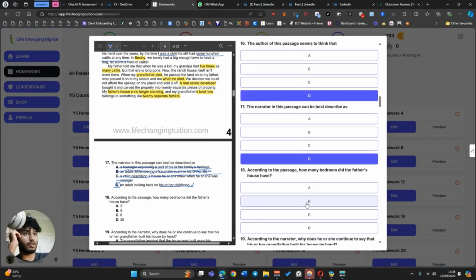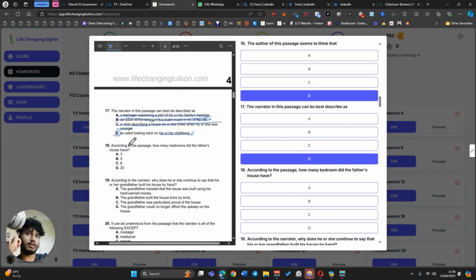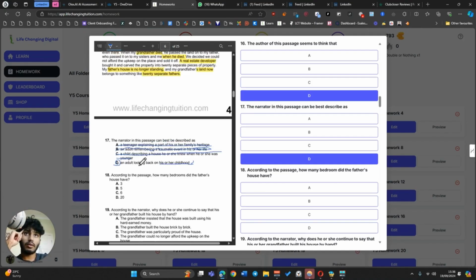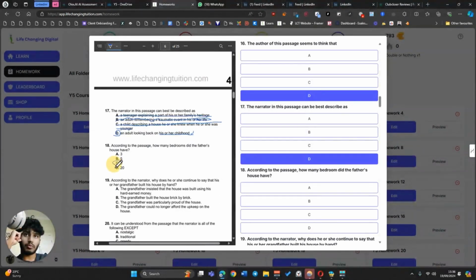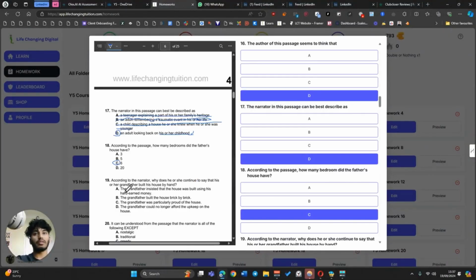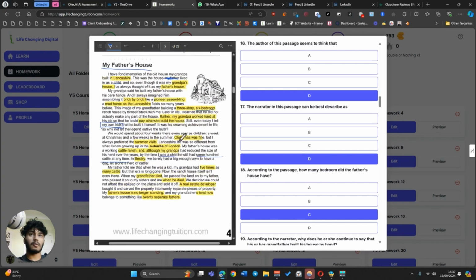So question 18, according to this passage, how many bedrooms did the father's house have? Up here it says a 3-story 6-bedroom ranch house. So it should be option C. Question 19, according to the narrator, why does he or she continue to say that his or her grandfather built his house by hand?